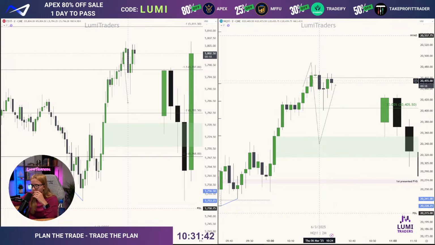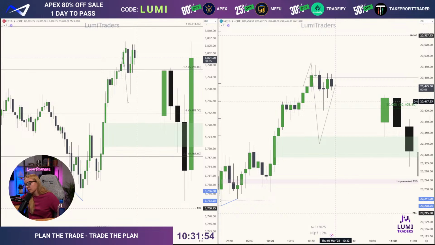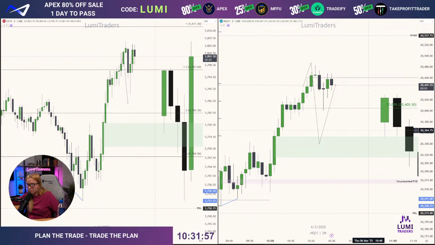So far we're just trying to respect this 2-minute inversion, 2-minute fair value gap, but once again, no momentum, no displacement lower. It's still bullish. But if you may displace right now, I can actually give it a try to this level right here.